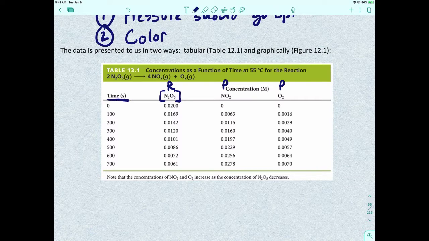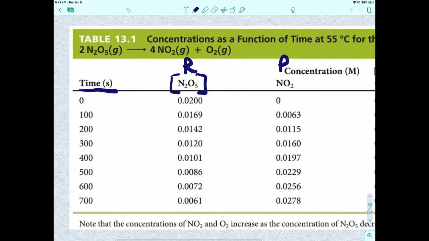The concentration of N2O5 at 0 was 0.02 molar. At 100 seconds, the concentration went down to 0.0169 molar. At 200 seconds, it went down to 0.0142. At 300 seconds, it went to 0.0120. So is there a trend here?